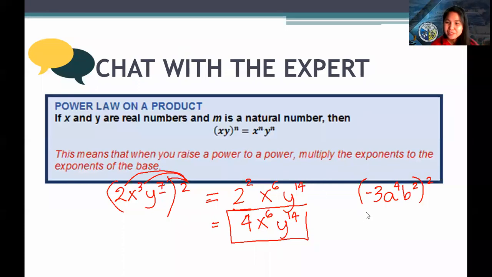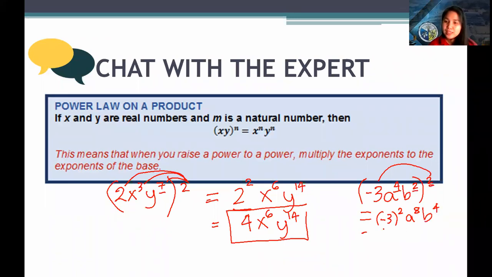Now, how will you do it? Distribute, right? Negative 3, do not forget negative 3 in the parentheses, to the power of 2. A, 4 times 2 is 8. For b, 2 times 2 is 4.